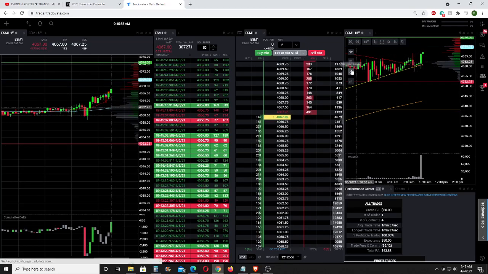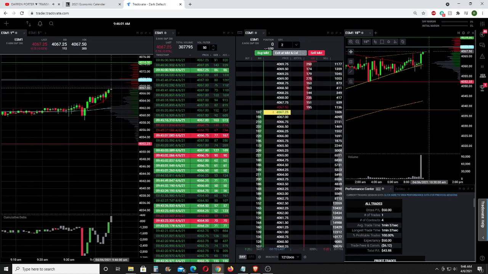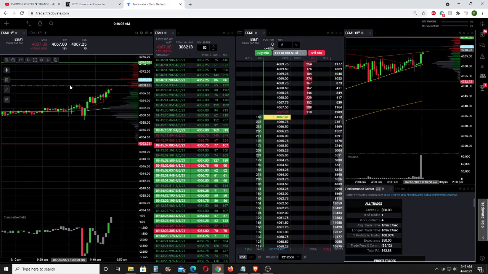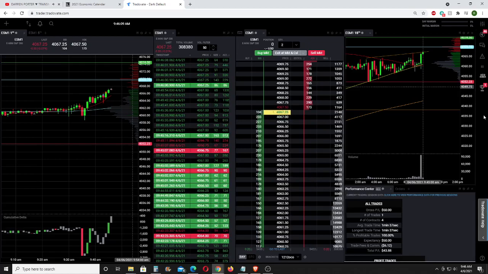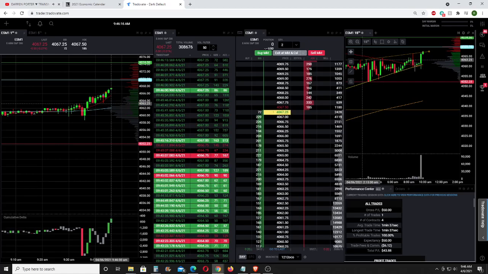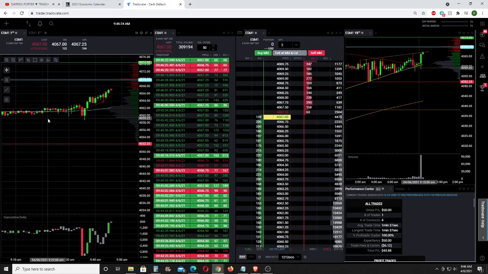I'm going to start drawing trend lines here. This trend line right here, just like a channel here. I could easily break this channel here, but it could potentially fall back a little here too.